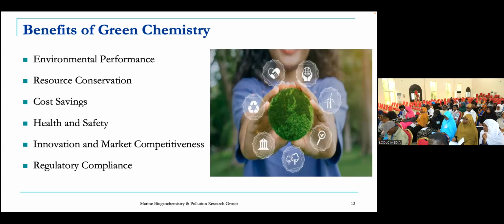Let's look at the benefits of green chemistry. Here, I will attempt to highlight some of the advantages and benefits of implementing green chemistry principles. Embracing green chemistry principles offers a range of benefits that could potentially contribute to a sustainable and healthier future.